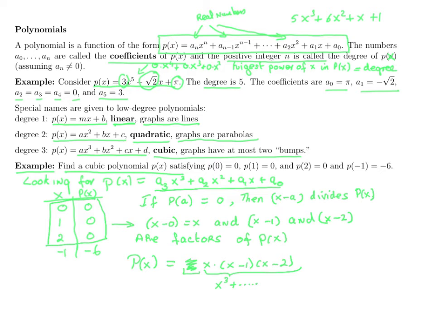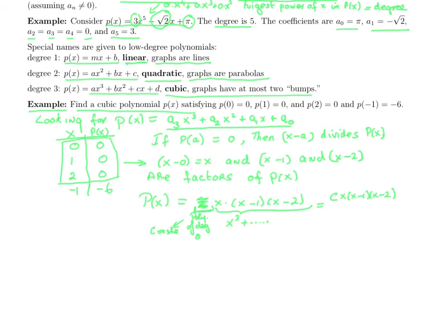So that tells me that this factor is a polynomial of degree 0, or just a constant. So now I know that the equation of my polynomial is c times x times x minus 1 times x minus 2 for some number c.